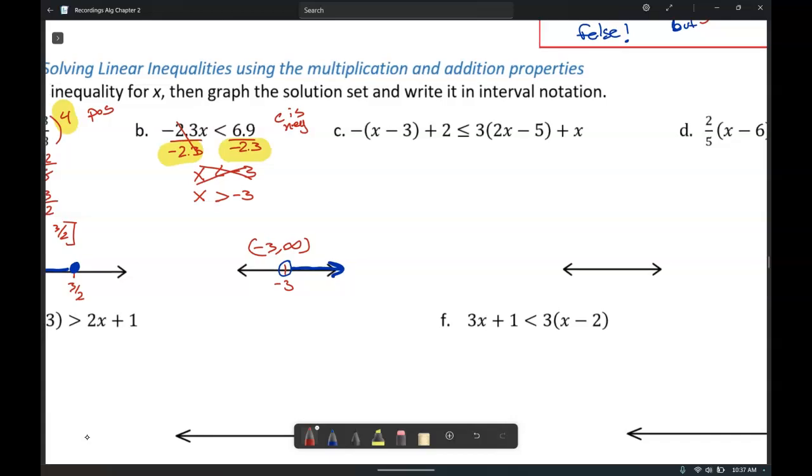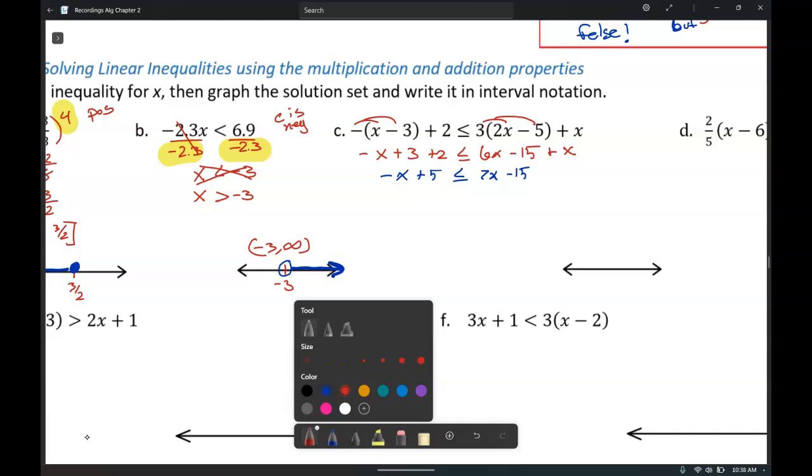Let's keep solving. We'll simplify using our distributive property. Negative x plus 3 plus 2 is less than or equal to 6x minus 15 plus x. Now to make this simpler, we'll combine like terms, and we'll have negative x plus 5 is less than or equal to 7x minus 15.